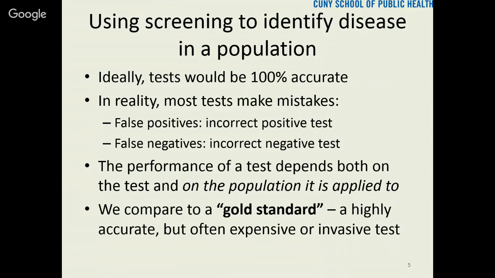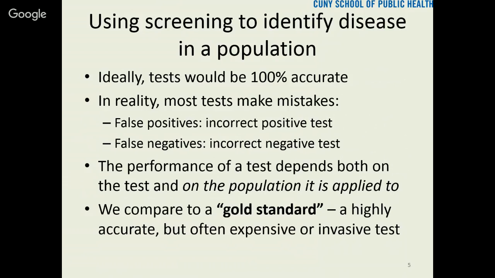Why is that? Why will the test perform differently depending on the prevalence of the disease? It performs differently because it has different performances on the cases with disease and the healthy individuals. Depending on the proportion of them, its performance on those two groups, those with and without the disease, will have different relative importance.